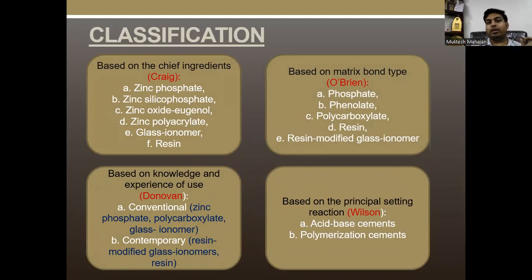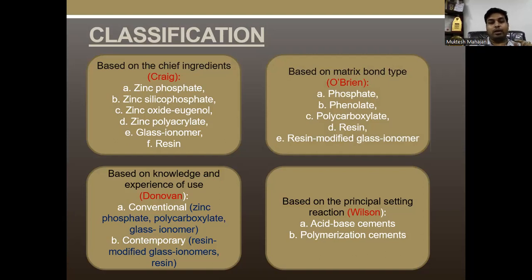Based on the chief ingredient: zinc phosphate, zinc silicophosphate, zinc oxide eugenol, zinc polyacrylate, glass ionomer, and resins. Based on the matrix bond system: phosphate, phenolate, polycarboxylate, resins, and resin modified glass ionomer. Based on the knowledge and experience of use, given by Donovan: conventional and contemporary. Under conventional: zinc phosphate, polycarboxylate, and glass ionomer.